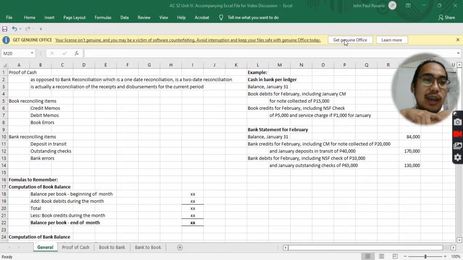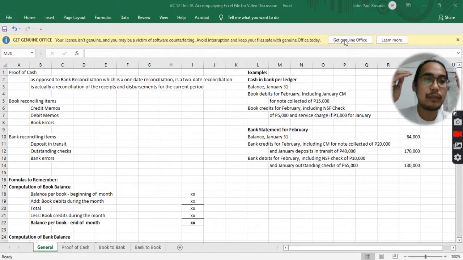So these are the items that occur in the bank statement but are not in your book. So we have what we call the credit memos, the debit memos, and aside from those, items that appear in the book that should not appear in the book. So those are what we call the book errors, no?